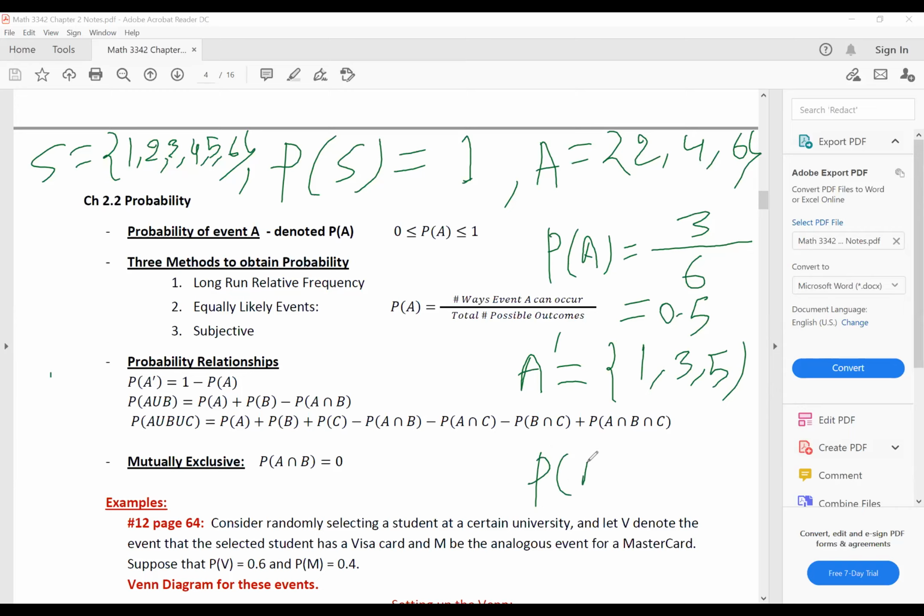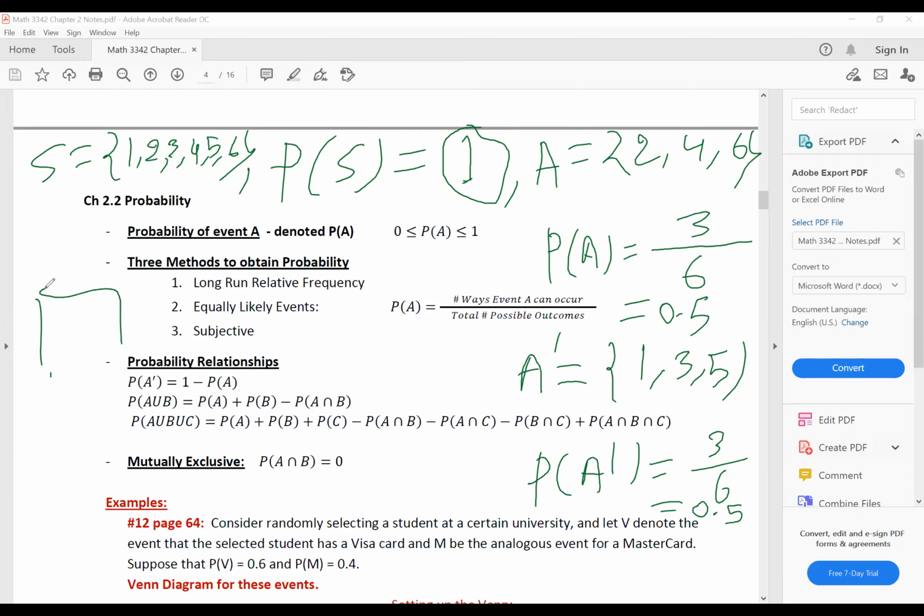So what is the probability of A complement then? 0.5, yes, 3/6. Thank you. So this is 0.5. So this is one way of calculating the probability, but there is another way. So if you know the probability of an event, you can easily calculate the probability of the complement of that event, because the complement will be actually the total probability minus the probability of that event.